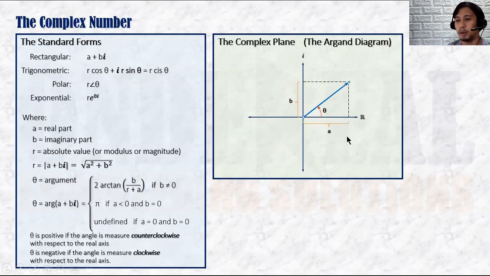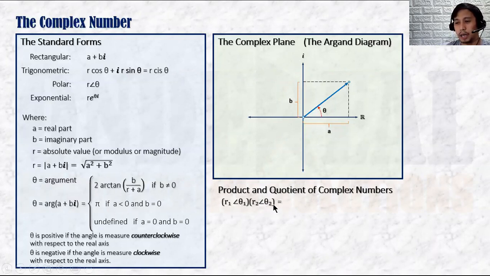Now here we'll be evaluating the products and quotients of complex numbers. So this is the product and quotient of complex numbers. If we are to multiply complex numbers in polar form R1 angle theta 1 with R2 angle theta 2, the product of this will become R1 times R2 angle theta 1 plus theta 2.